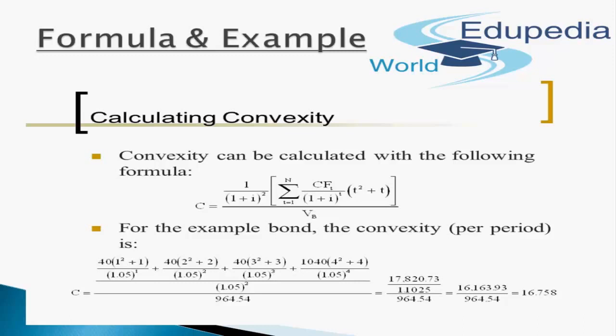In the last we'll take the coupon plus maturity, that will be 1040 multiplied by 4 squared plus 4, divided by (1 plus yield) to the power 4, and this will be completely divided by the present value of the bond, that is 964.54. We'll be able to calculate the overall convexity for this, and that would be 16.758. So guys, that was the complete topic relating to bond convexity.